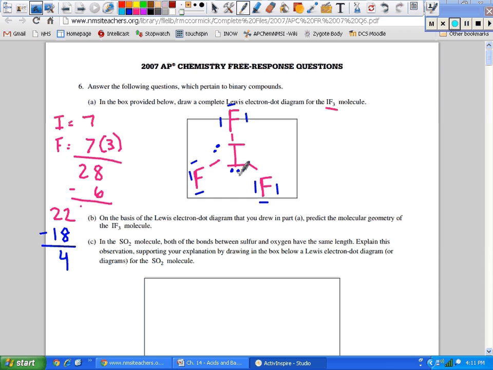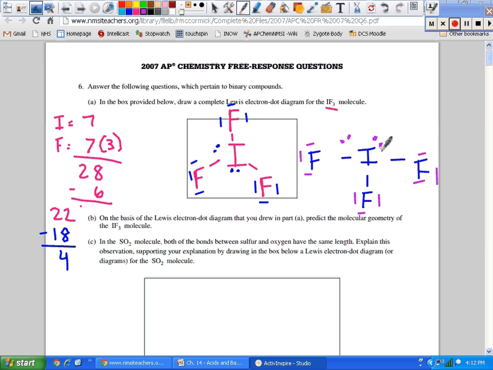So you get this crazy looking thing, and honestly, this is one I don't know of many teachers teaching because it's so funny looking. But that's really what it looks like.